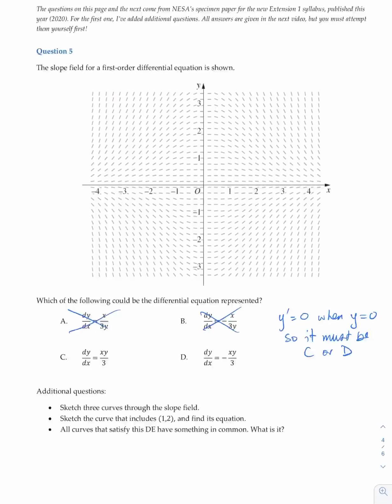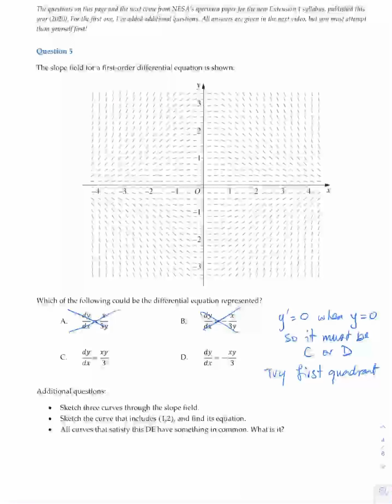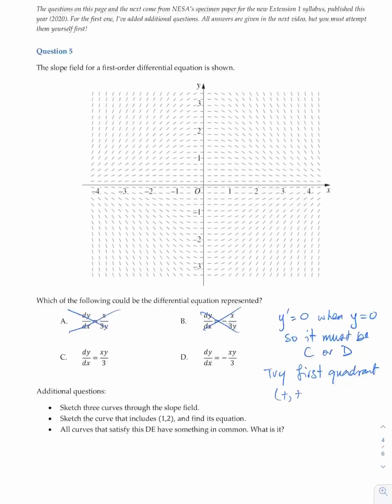Now there's not much difference between those two. It's just one sort of positive-ish and one's negative-ish. So I'm going to try the first quadrant, where x and y are both positive. And these are all negative gradients.